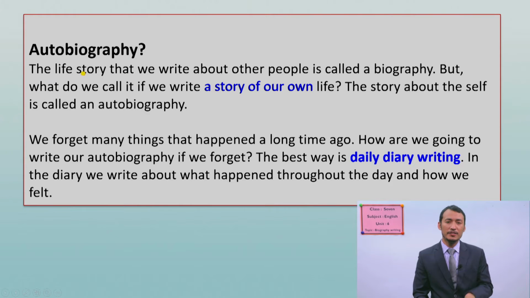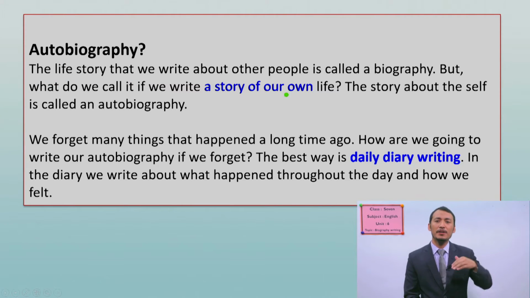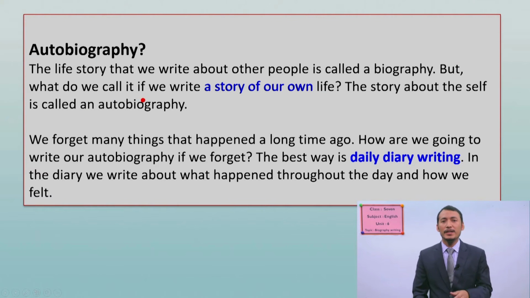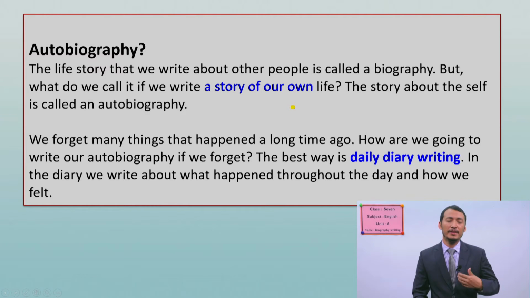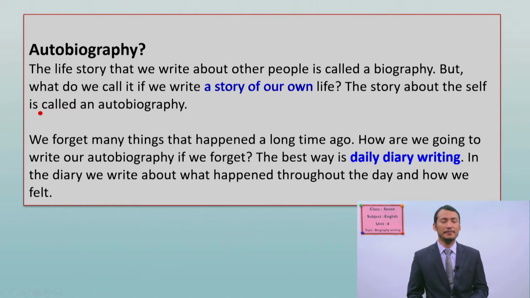Let me read it to make it even clearer. The life story that we write about other people is called a biography. When we write about other people, we call it a biography. But what do we call it if we write the story of our own life? The story about the self is called an autobiography.